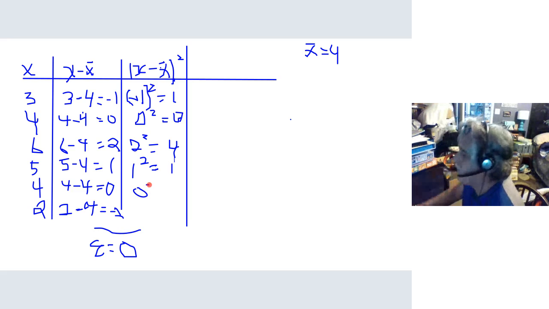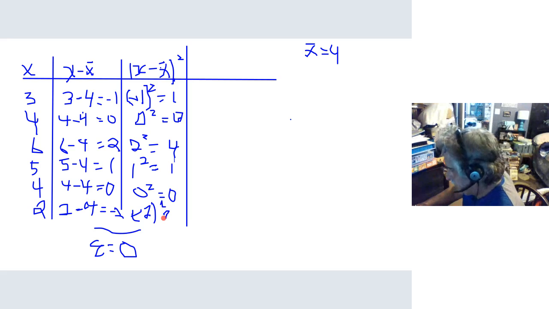Another 0 squared. So there's another 4, because that's -2 squared.